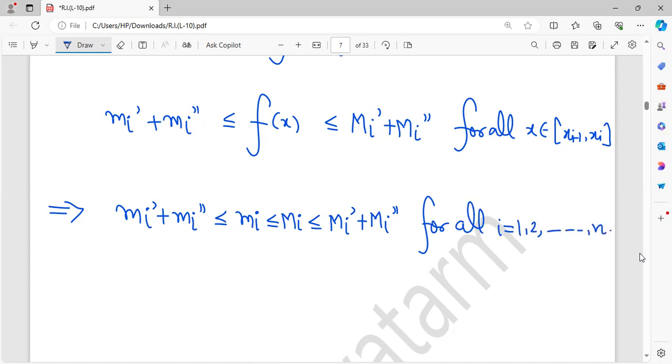Because what is supremum? Supremum is the least upper bound. That is why capital Mi is less than Mi' plus Mi''. And what is infimum? Greatest lower bound. So the greatest lower bound will be greater than any lower bound of f. There is some lower bound, small mi' plus small mi'', so small mi will be greater than this small mi' plus small mi''.